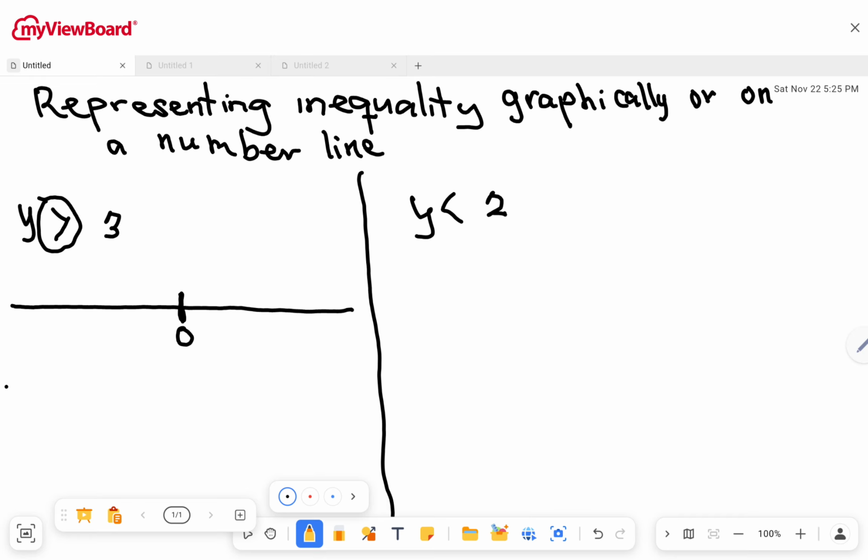Now, what can we do again to represent y is greater than 3? The question that you must ask yourself is, is 3 a positive number or a negative number? Since we all know that 3 is a positive number, and for all number lines, positive numbers are on your right hand side this way, all positive numbers are here.